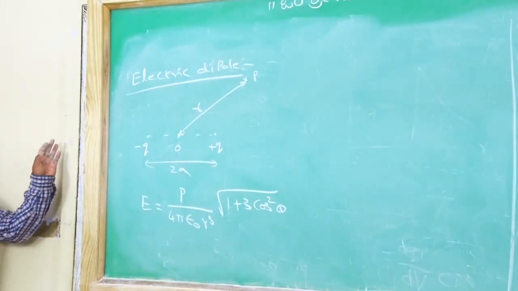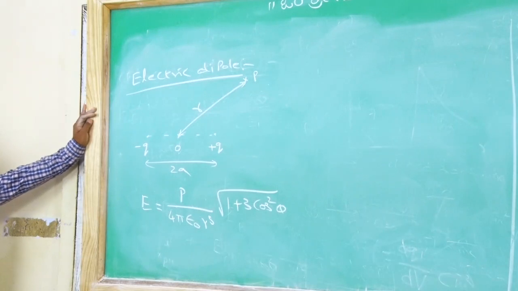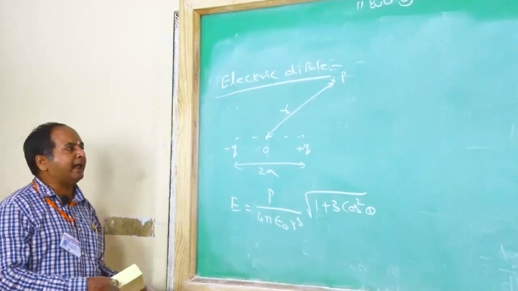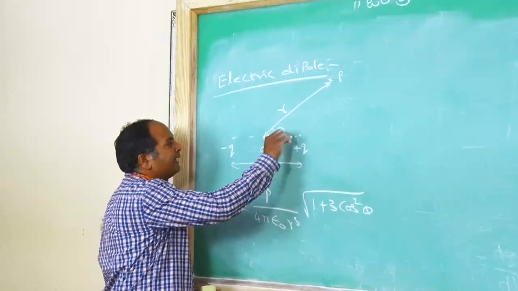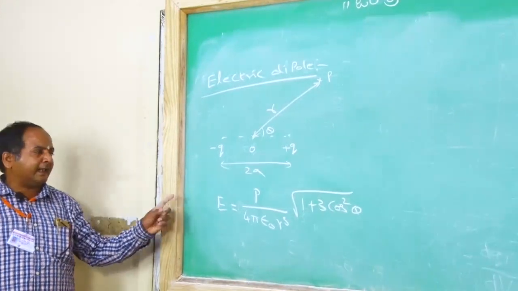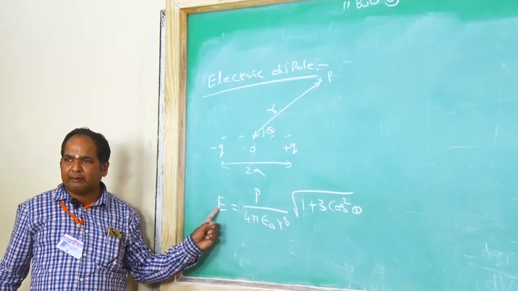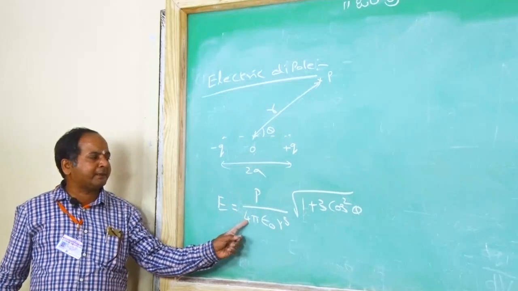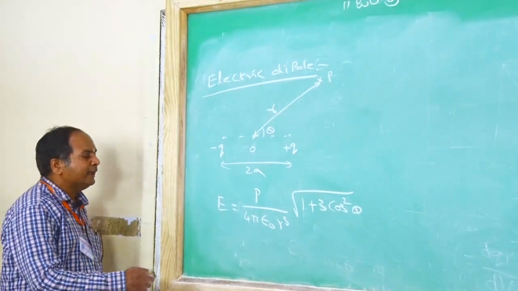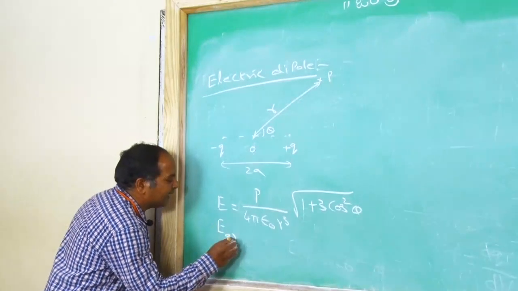Here, the electric field at a point P, which makes an angle theta with respect to the axis of the dipole, is E equal to P by 4 pi epsilon naught r cube root over 1 plus 3 cos square theta. Suppose you consider the axial line.